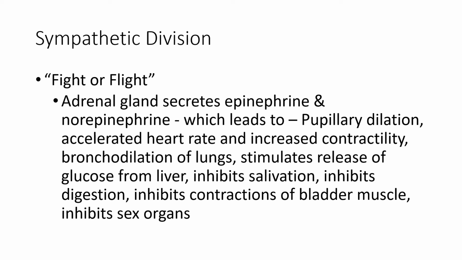This leads to more pupillary dilation, heart rate and increased contractility by the heart, bronchodilation of the lungs, stimulation of release of glucose from the liver, and then shutting down all the non-essential areas of the body, like salivation, digestion, bladder contractions, and sexual organs.